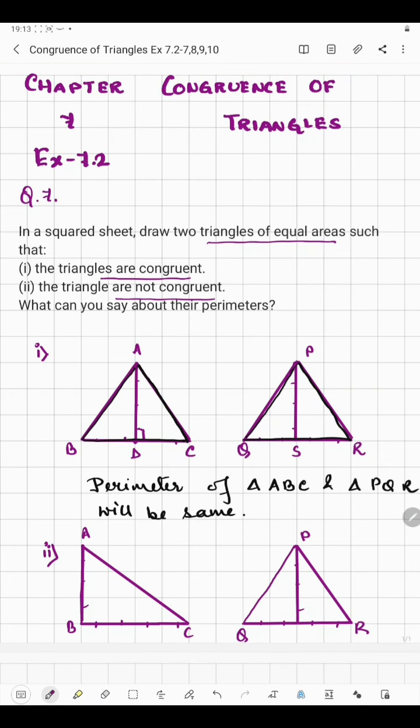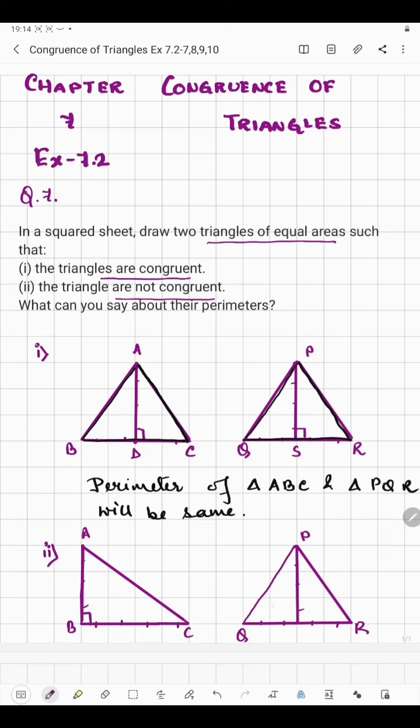But here the size and shape of these two triangles are not the same. So these two triangles ABC and PQR are not congruent. To draw this triangle, first we made the base of 4 units, and then from point B we drew an altitude, or we can say the height, of 3 units of triangle ABC.